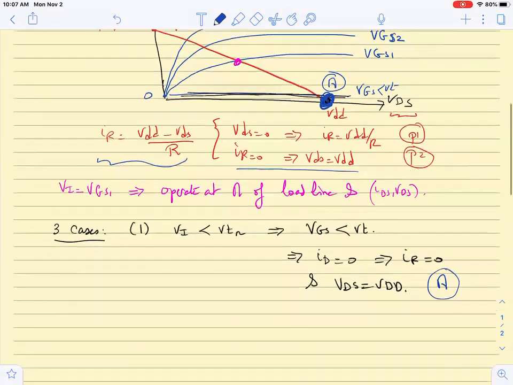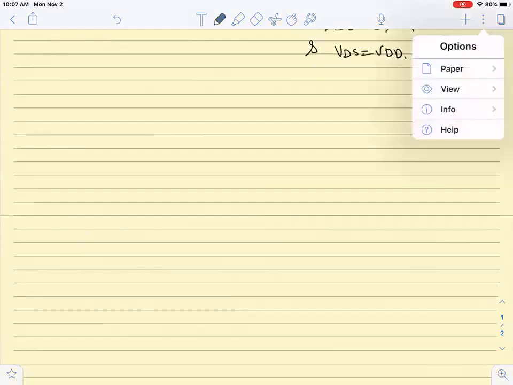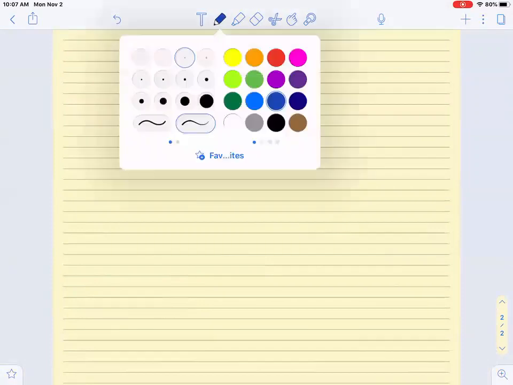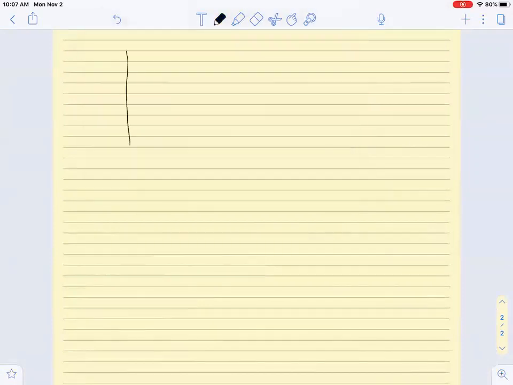Now if we want to draw this on the transfer characteristics curve that we saw last time, we started with the transfer characteristic curves where we were drawing VO, which is VDS in this case, versus VN, which is also in this example VGS.